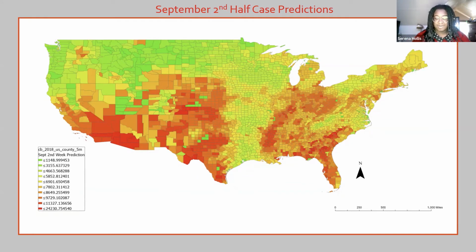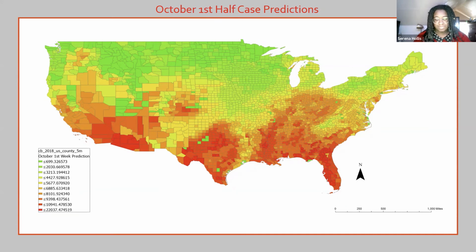And as I said before, a lot of places with a high density number are going to show higher numbers, while a lot of the rural areas, like the Northwest and some of the Midwest, are going to have much lower numbers.